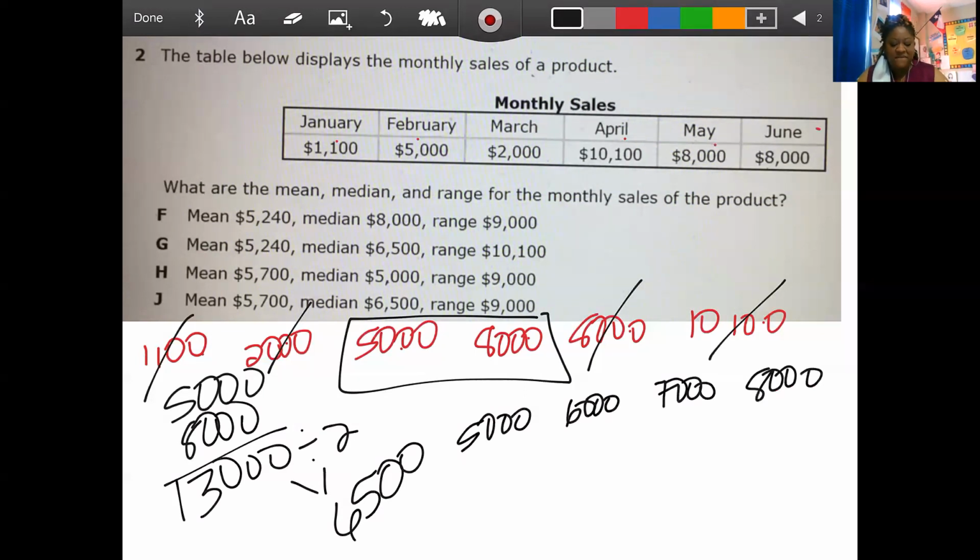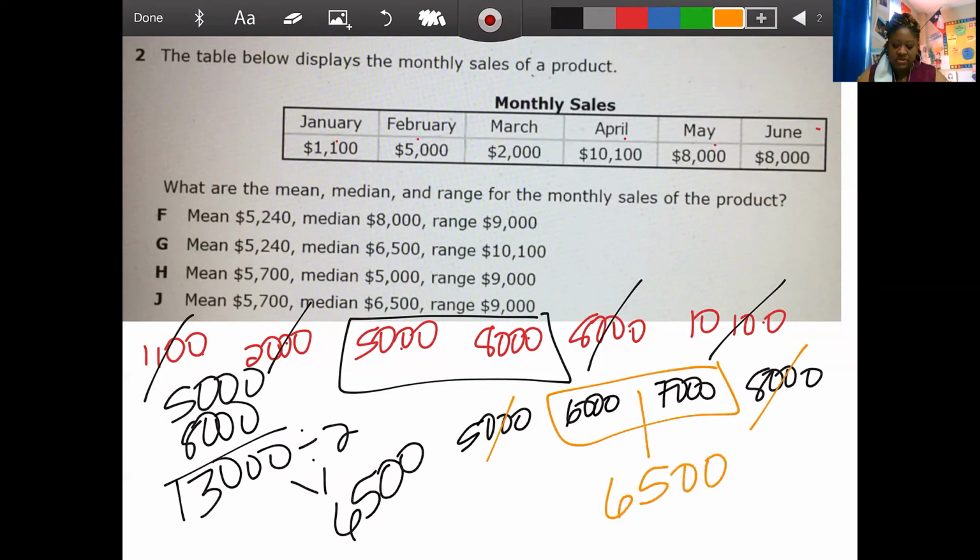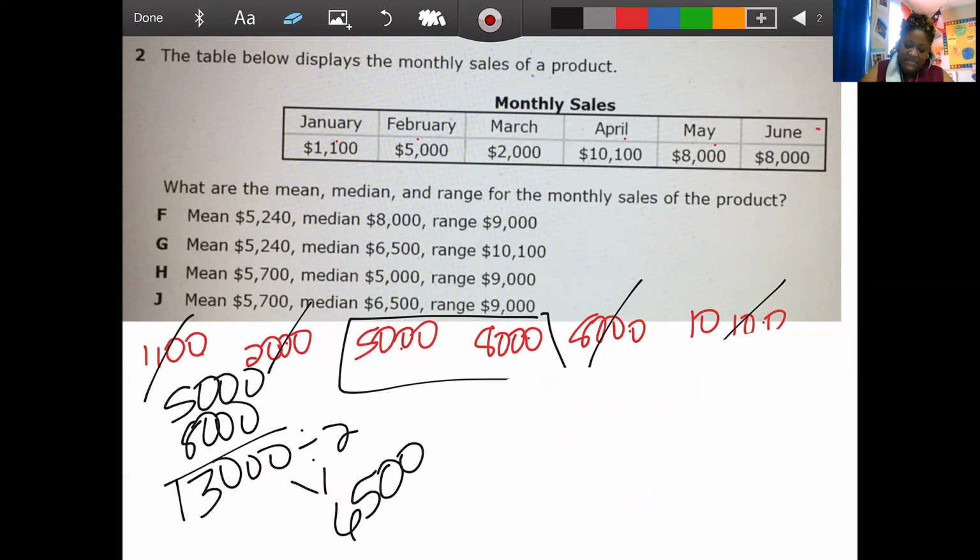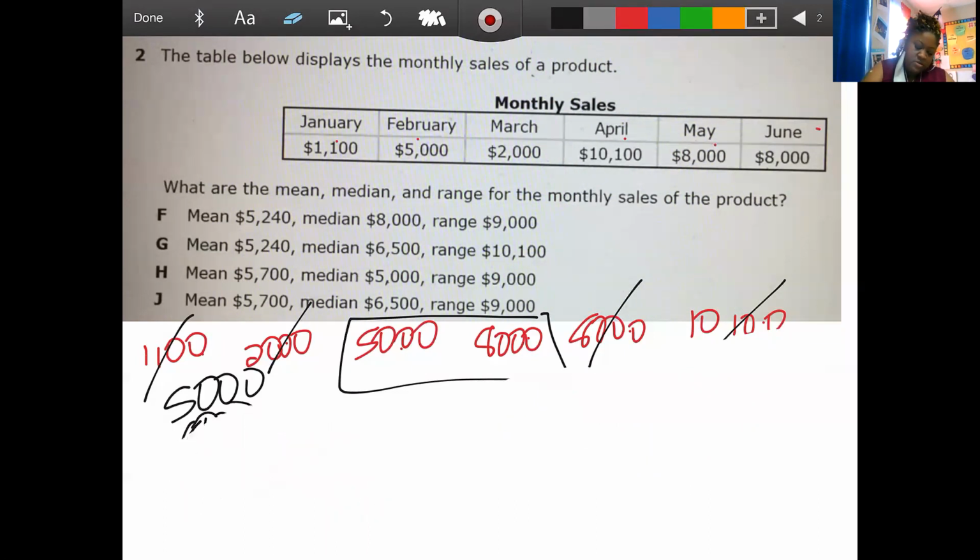You can write the numbers from 5,000 to 8,000 and then cross them off to get the middle number. What number is between 6,000 and 7,000? 6,500. So you can do either way. You can add the 2 middle numbers and divide by 2, or you can write the numbers out and find your median by crossing off. So your median, let me erase some of this, is going to be 6,500.